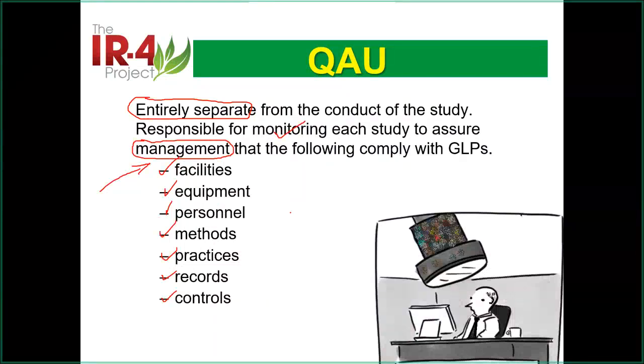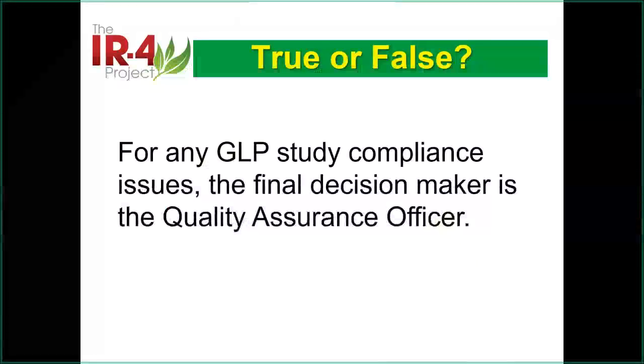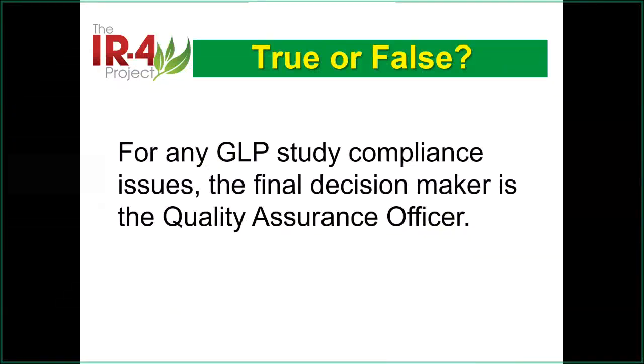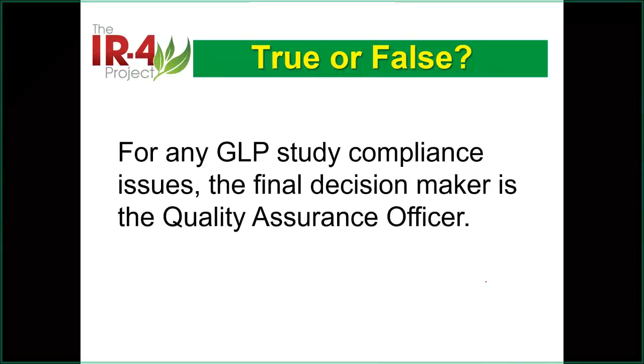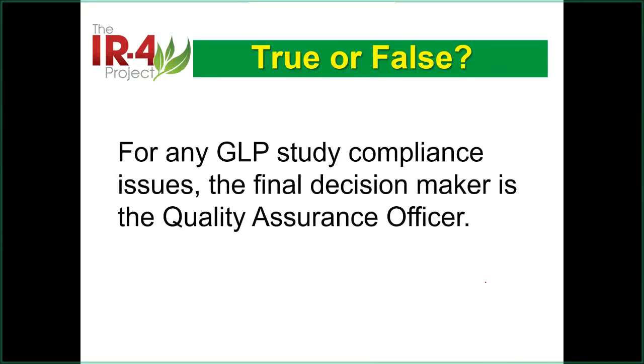So that's QA. Okay, here's a question now. True or false? For any GLP study compliance issues, the final decision maker is the quality assurance officer. So it's true or false. Well, we just went through this.